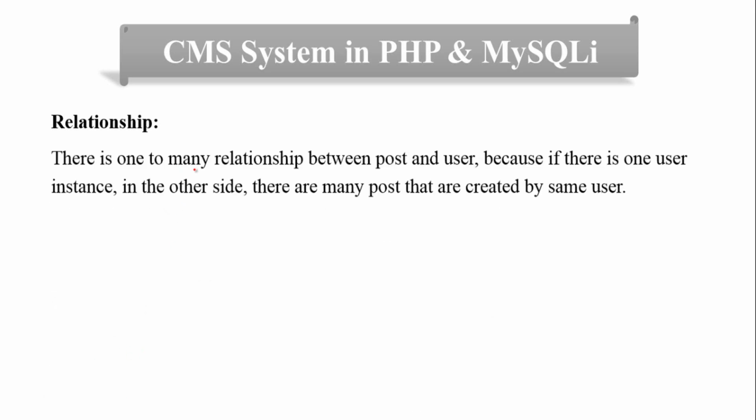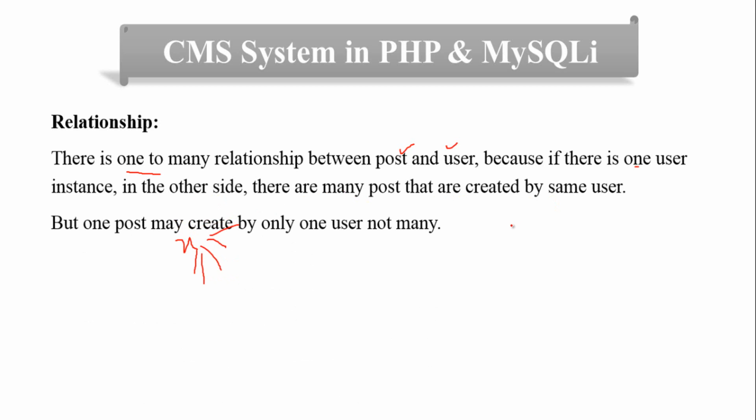There is a one to many relationship between user and post, because if there is one user instance, for example X user, on the other side there are many posts, since a single user can create many posts. But one post may be created by only one user, not many. So one post belongs to only one user.